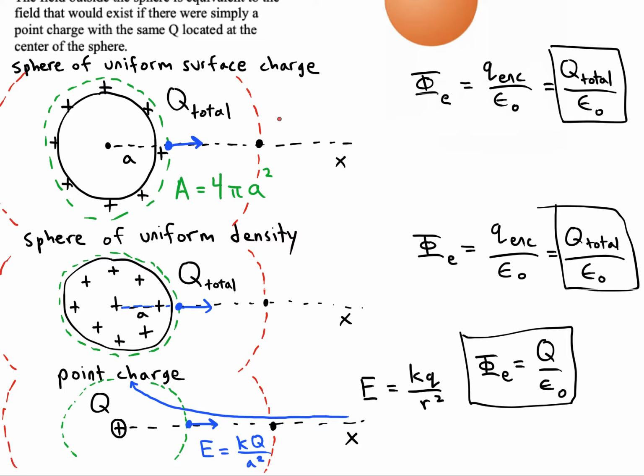Let's say that the radius of our new Gaussian sphere is r. The question is, what would change in our calculations? Well, the charge enclosed by that larger sphere is still Q total, so that hasn't changed. But what has changed? The area of our sphere has changed.